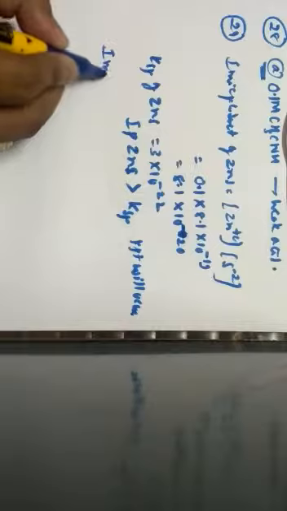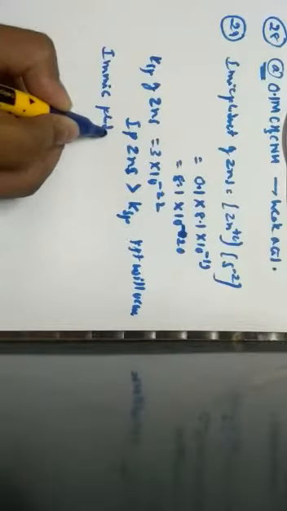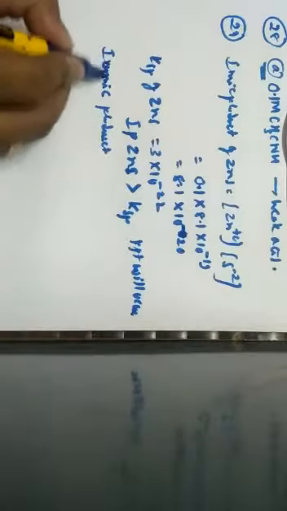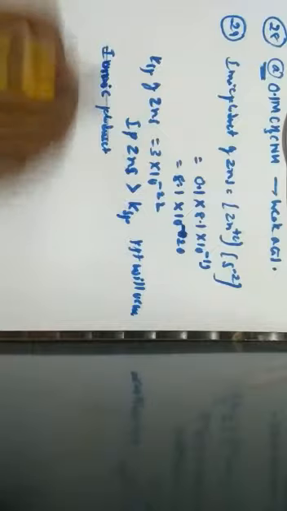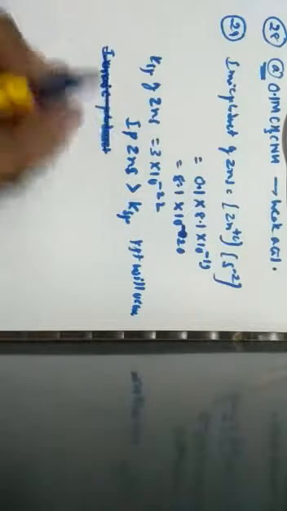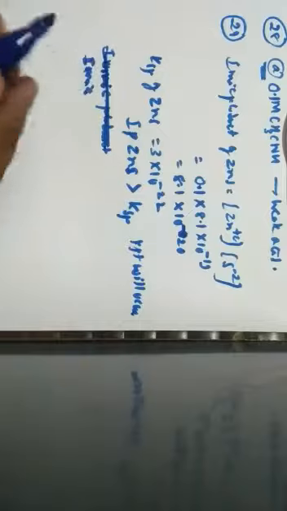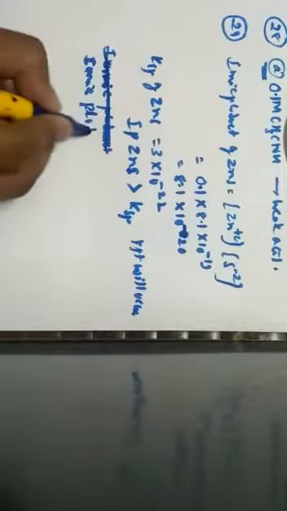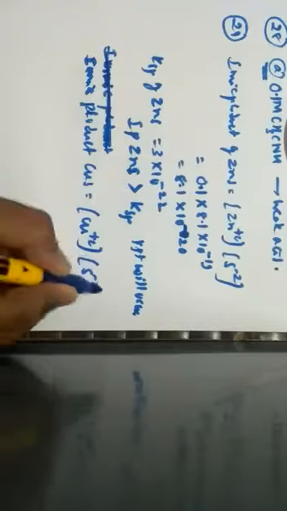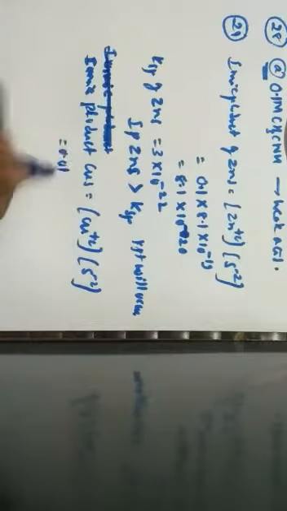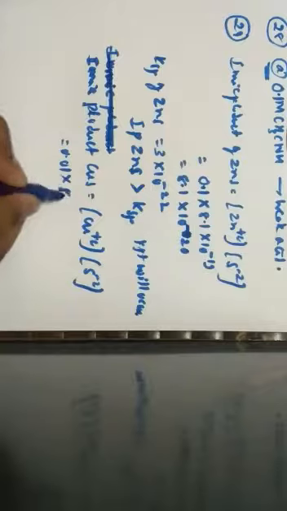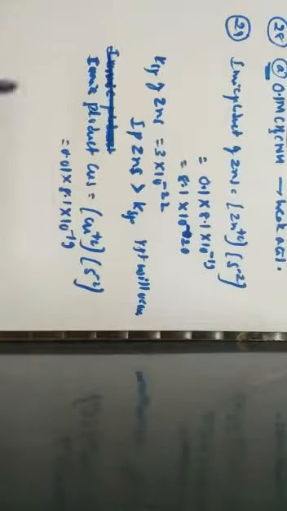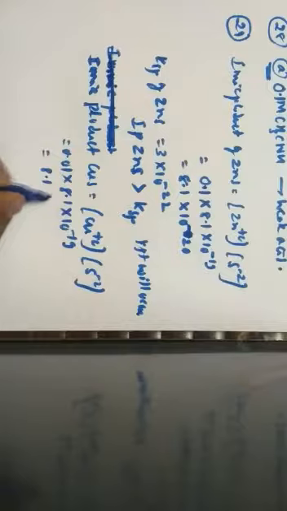In the same way, when I calculate the ionic product of CuS, that is Cu plus 2 times S minus 2. Cu plus 2 is 0.01, and S minus 2 is 8.1 into 10 to the power of minus 19, so the product is 8.1 into 10 to the power of minus 21.